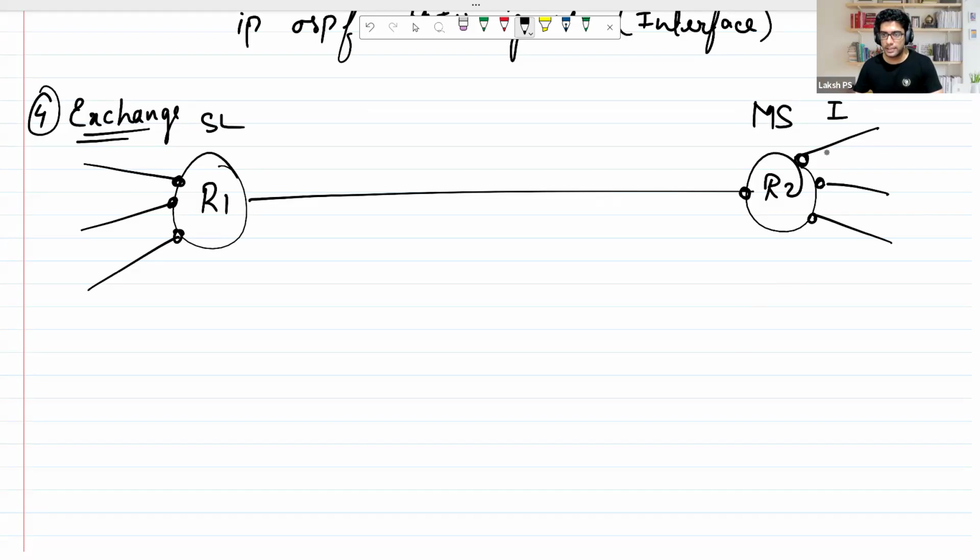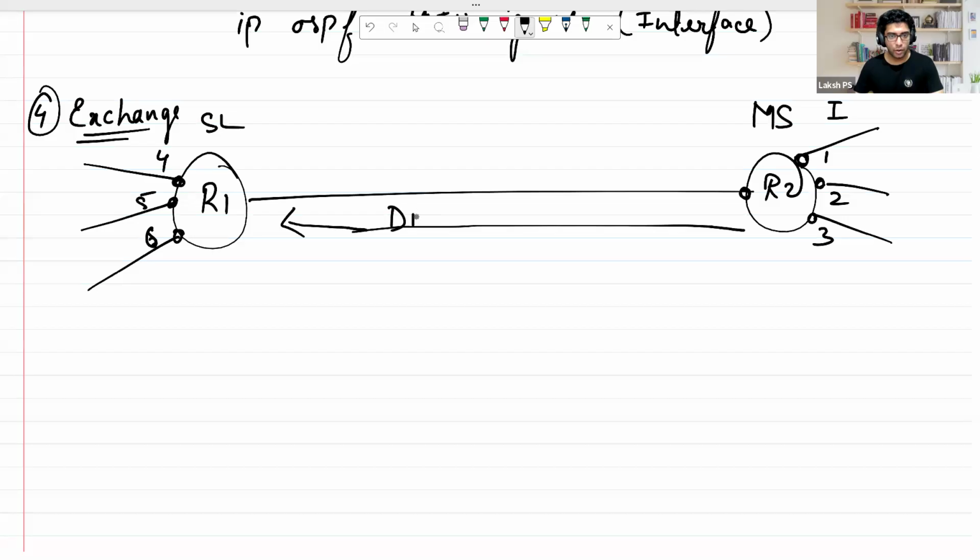So let's say this is link number 1, link number 2, link number 3. For R1, this is link number 4, this is link number 5, this is link number 6. So what R2 is going to do, when R2 sends its own DBD, R2 is the master, he will share his DBD number 1.